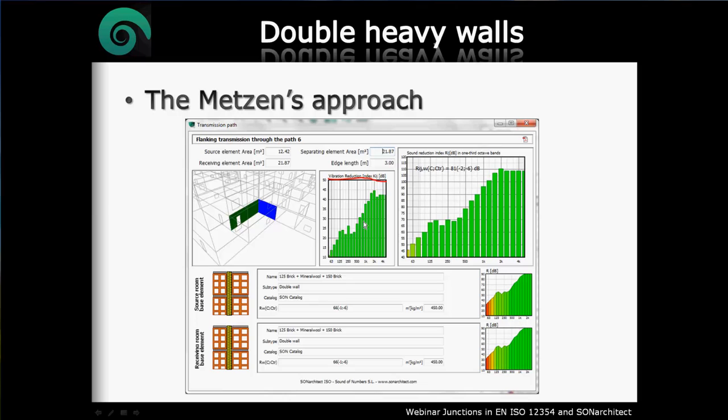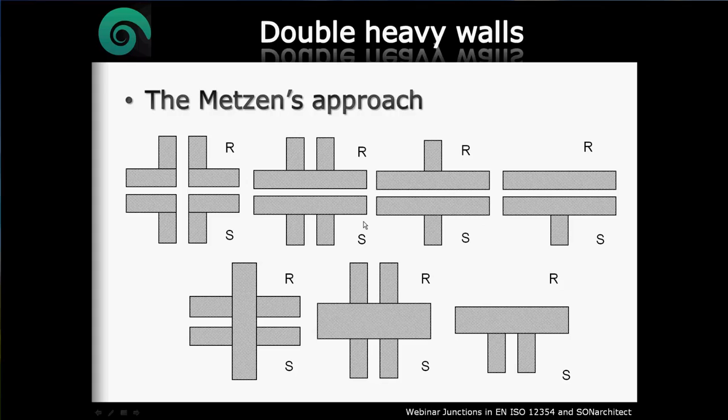However, you must be cautious with this model because you cannot always apply it. I mean, it can be dangerous if you just say, okay, you have a double wall junction, let's apply the Nexen approach. But then you will be making a mistake.